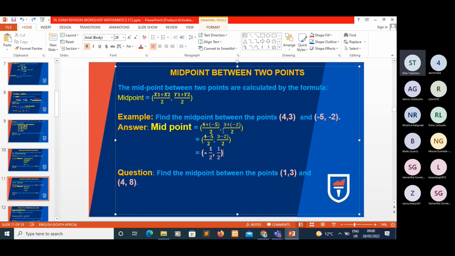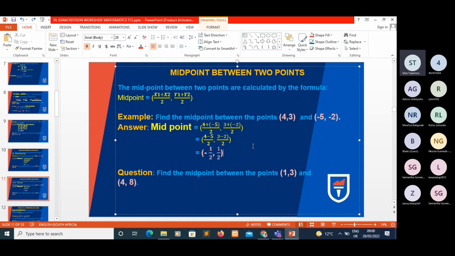Okay. So once I put in my actual values, I now start adding, which means 4 plus -5 is the same as 4 minus 5. If I say 4 minus 5, I'm going to get -1. If you use your calculator and say 4 plus -5, you are going to get -1 as your answer there.